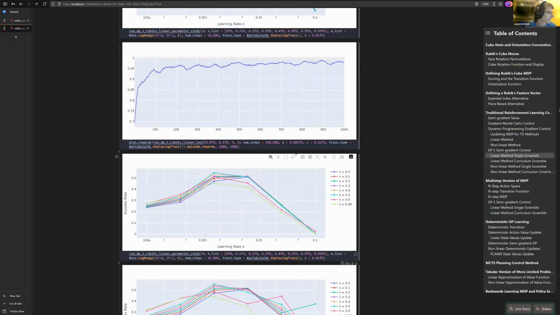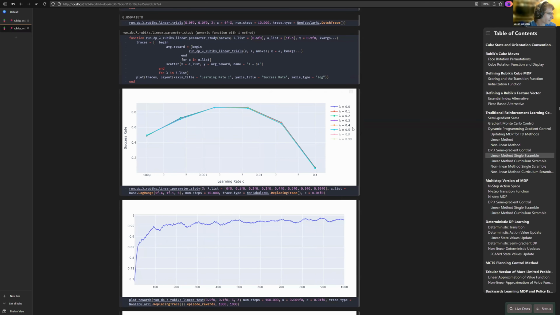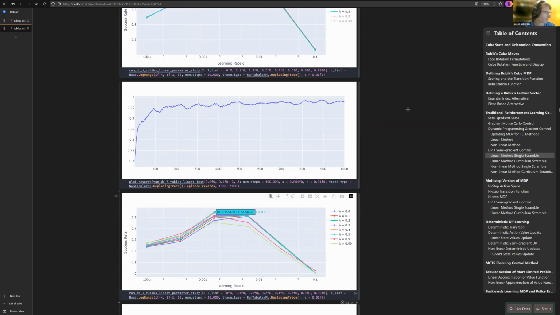It seems like for learning rates early on, as we might expect, it's better if they're a little lower. And the values of lambda that are best are a little different than before, where now it favors a little bit higher, closer to Monte Carlo sampling than the temporal difference method.